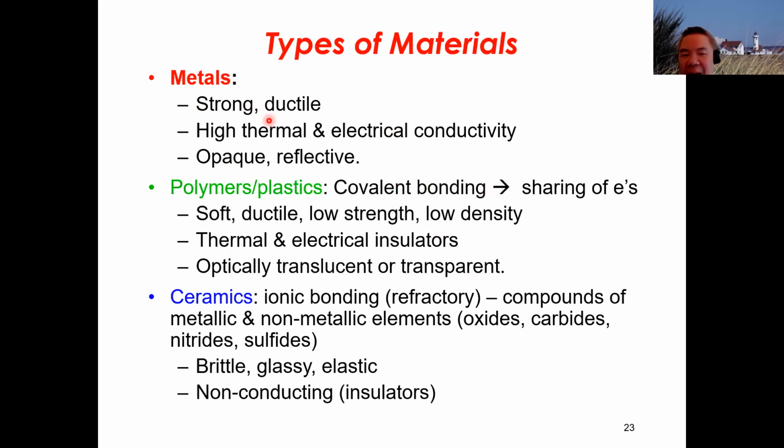So it's not an accident that metals have high thermal and electrical conductivity. It's not an accident that some polymers are optically translucent or that some ceramics tend to be non-conducting. So as an example, the whole principle here is that by using chemistry, by designing chemistry, you can actually target various types of applications that you have in mind.